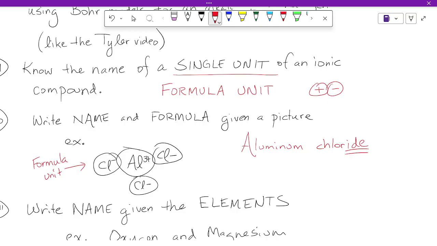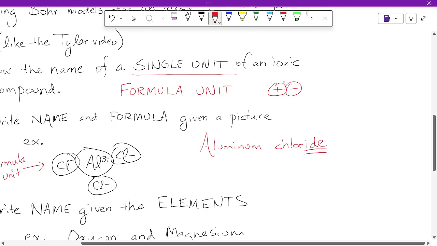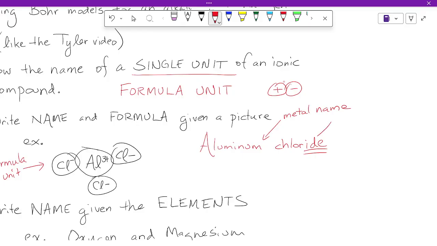Name the metal, name the non-metal, change the ending to "ide." So just the metal name, non-metal name, ending in "ide."